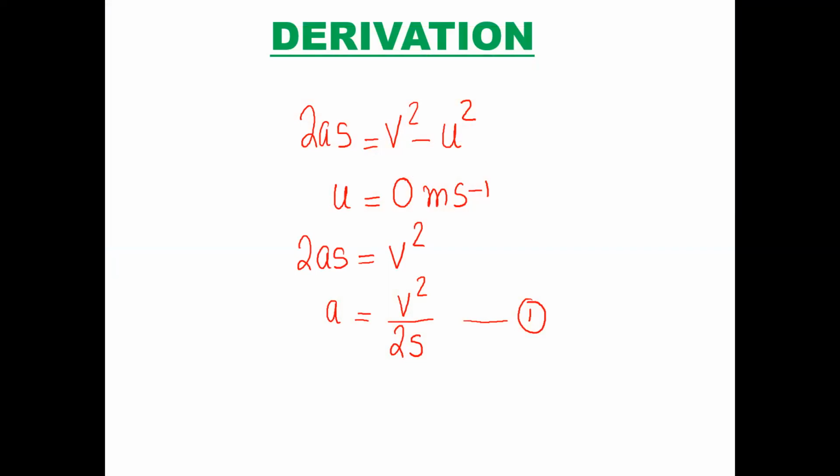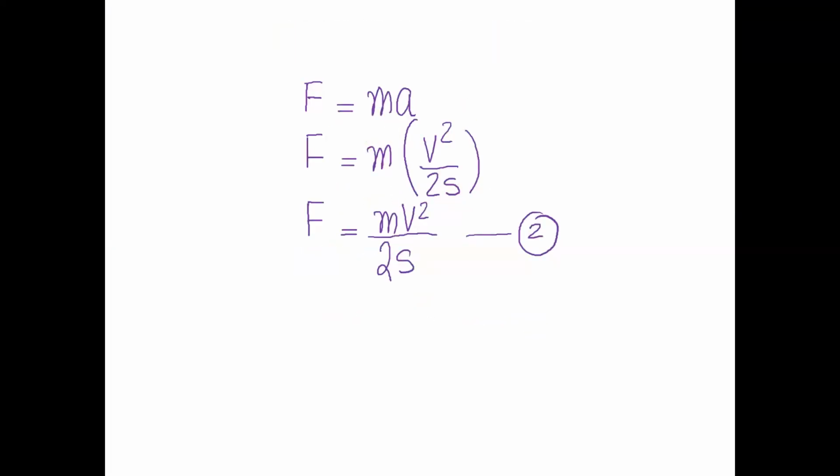Derivation. We start with 2as equals v squared minus u squared. u is equal to 0, so 2as equals v squared, and a equals v squared over 2s. So I find the acceleration. Then Newton's second law, F equals ma. I put the acceleration here and I got F equals mv squared over 2s.